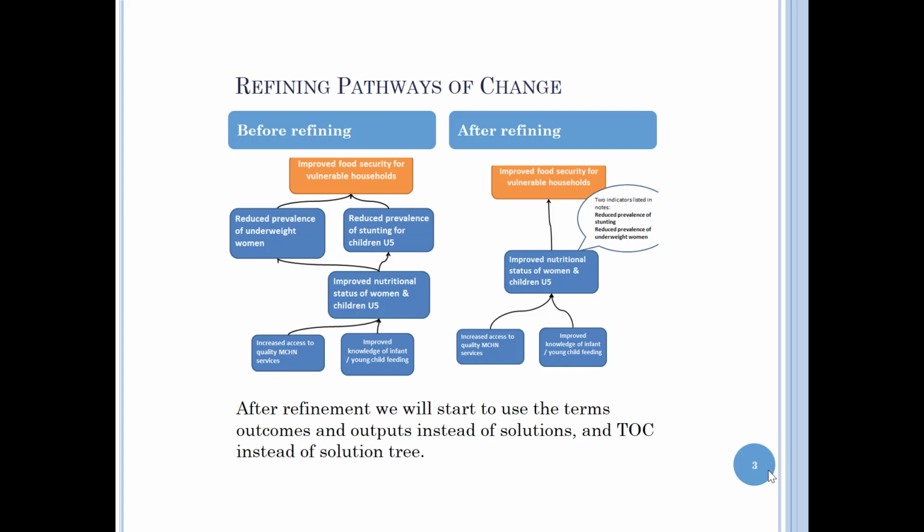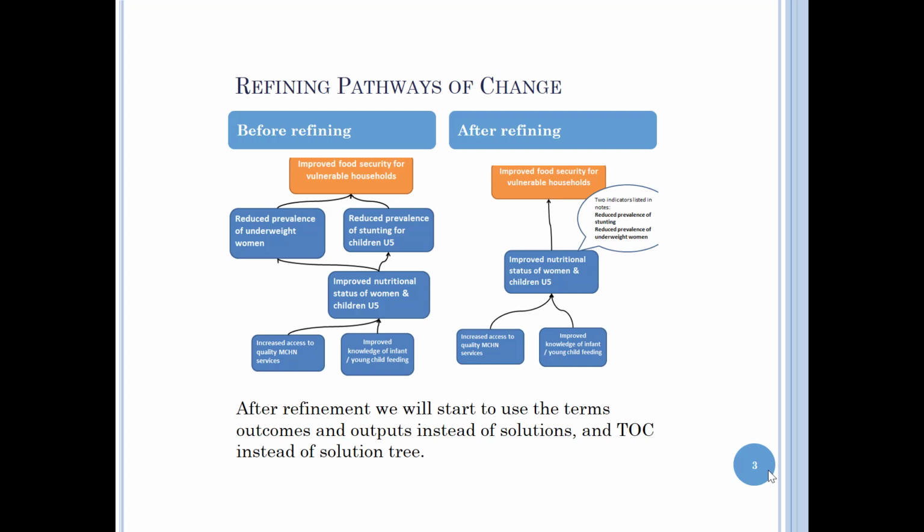You see that you have improved nutrition status of women and children under 5 years old, and this is a pre-solution for enabling reduced prevalence of underweight for women and also reduced prevalence of stunting for children under 5 years old, and this will then lead to improved food security for vulnerable households.